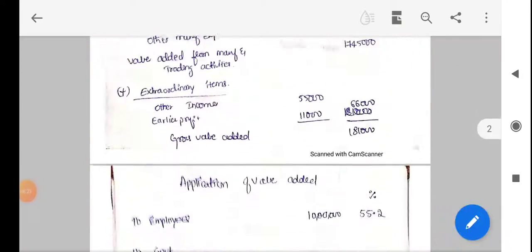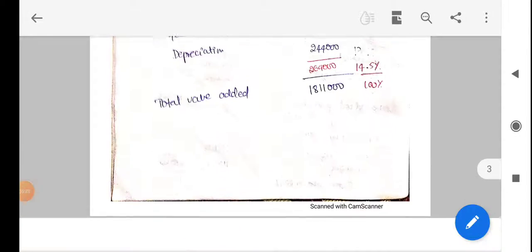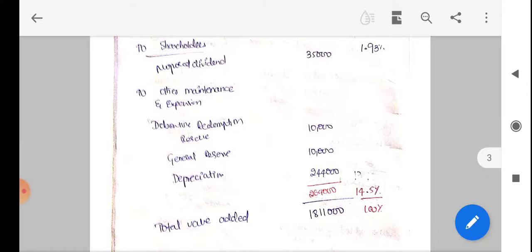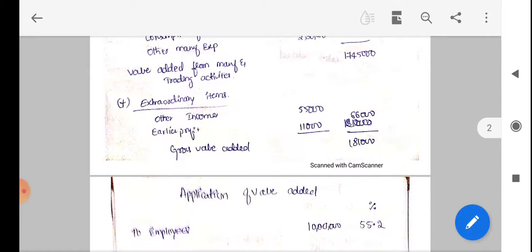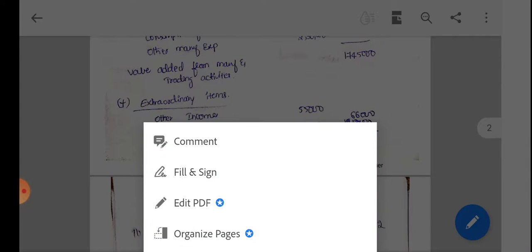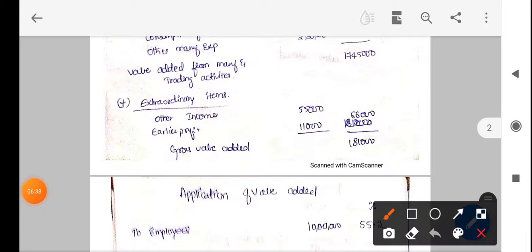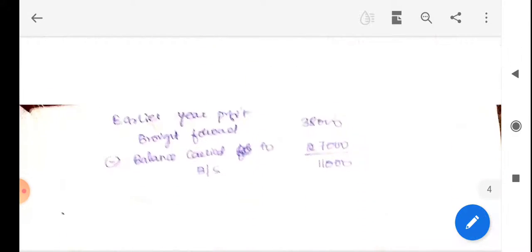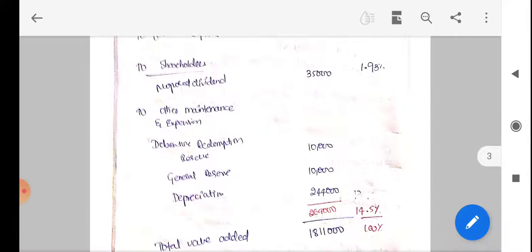So the total will be 18,11,000. So here some mistake is there. One is missing. So 18,11,000. The problem is tallied.